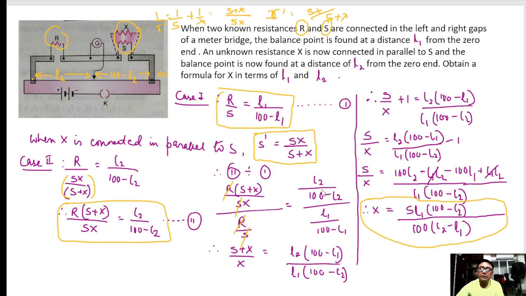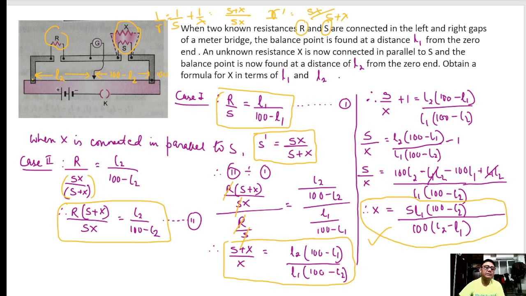So we are left with this part, S plus X, is this relation. So S by X plus 1 equal to this. So S by X equal to this minus 1. So from here S by X equal to, taking the LCM. So this is the unknown resistance X which should be connected with S, to obtain a balance point.